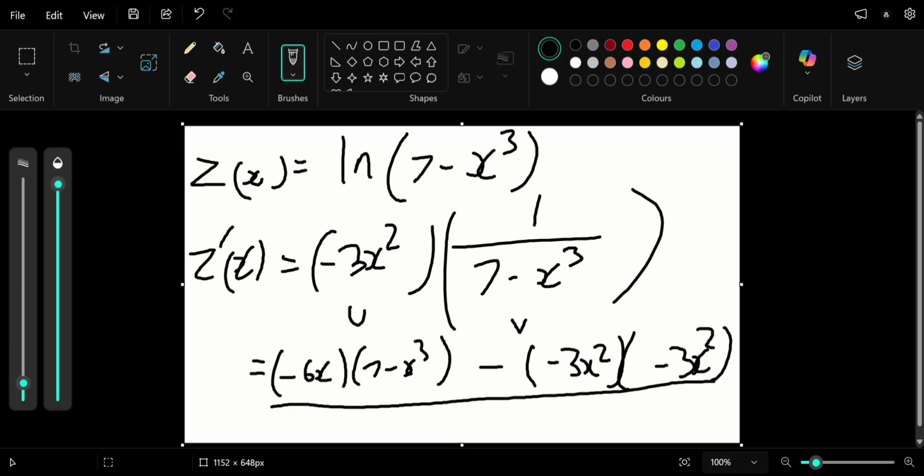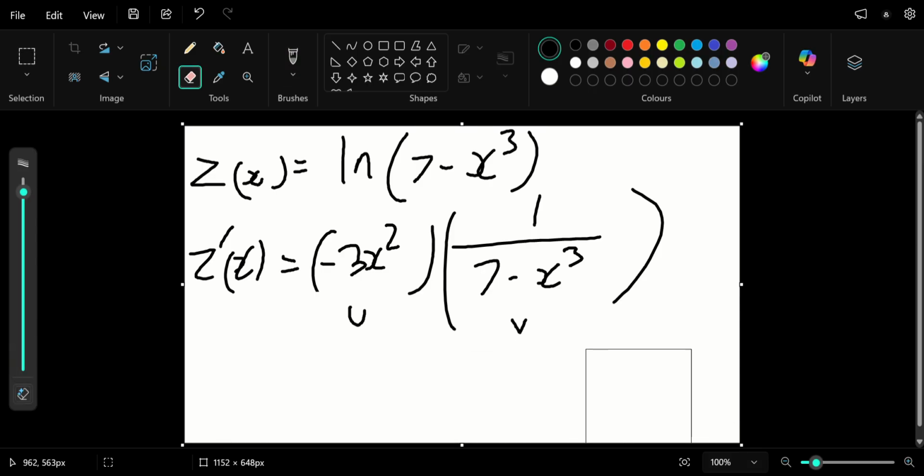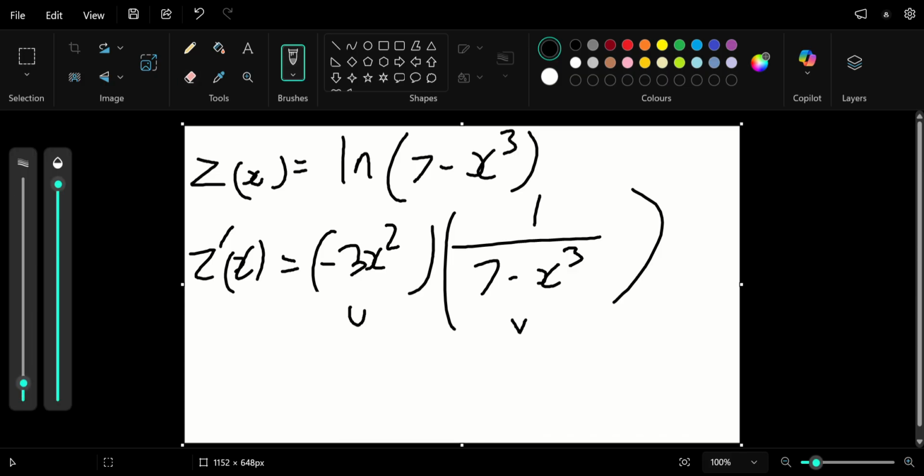And all of it is over the square of the denominator, which in this case is really just over 7 minus x cubed squared. Simplifying, I'm going to try to rub this out.